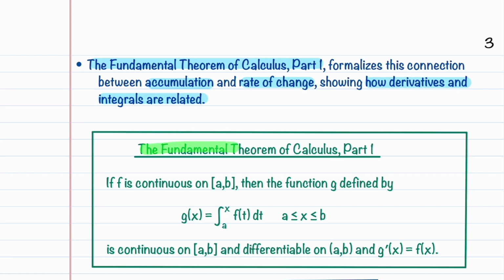Let's now see what this theorem tells us. The Fundamental Theorem of Calculus Part 1 tells us if f is continuous on the closed interval from a to b, then the function g defined as g of x equals the integral from a to x of f of t dt, where x ranges between a and b, is continuous on the closed interval from a to b, just like f was, and it is differentiable on the open interval from a to b.